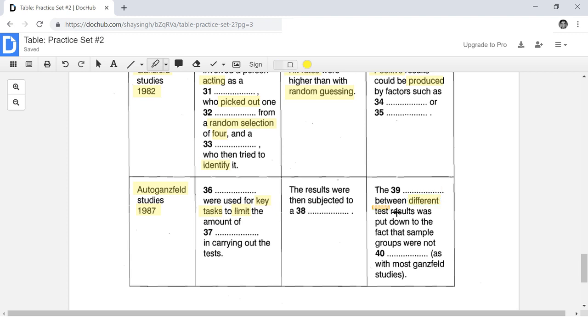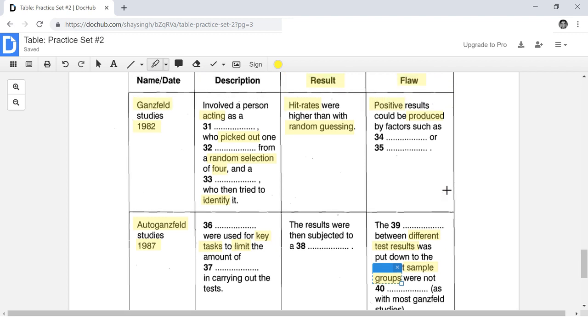Different test results. Something about putting down to the fact that sample groups, okay, sample groups can be a keyword, were not something. So let's go to our reading article now and let's look for these keywords, and then we can figure out the answers to each one of these other questions.